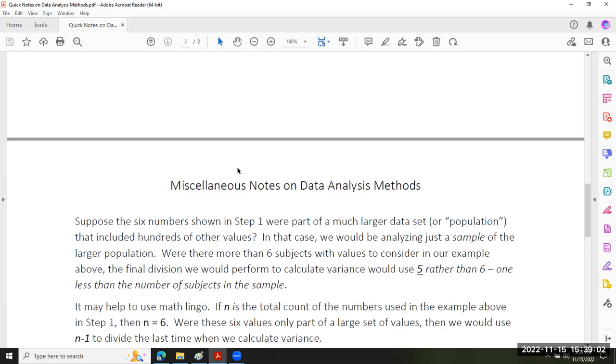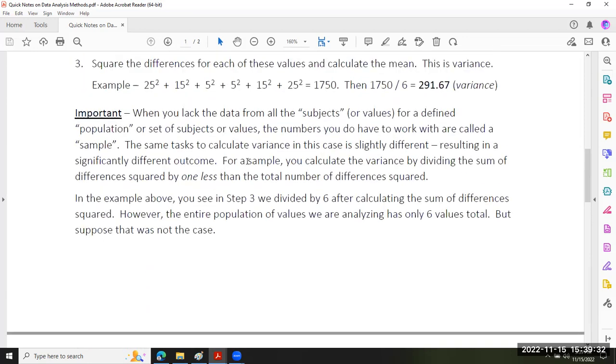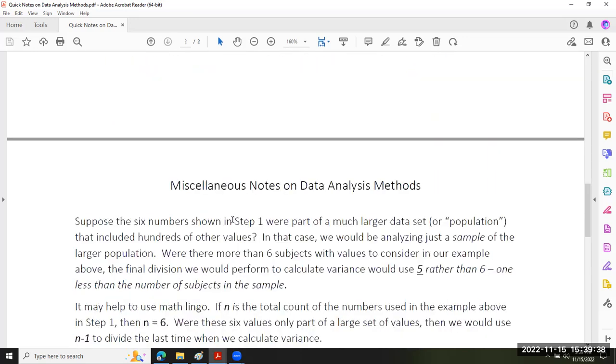So if you had a much larger set of data and you only used 6 subjects, you would take the number of subjects that you used out of the sample, subtract 1 from that, and divide the sum of the squares of differences by 1 less than the number used for the sample.